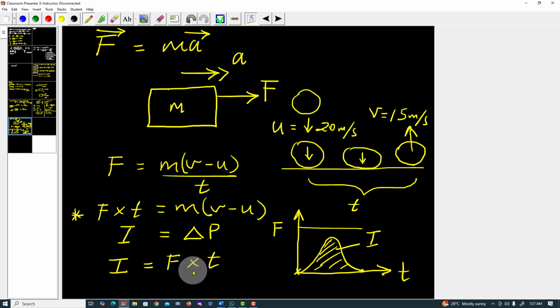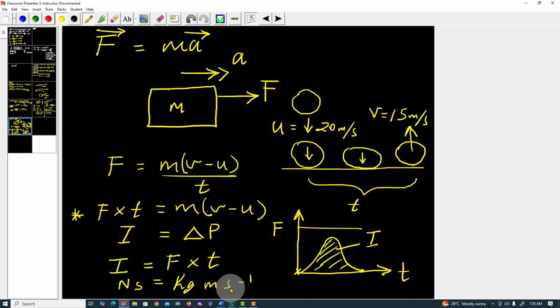When we look at this equation, you find that the left-hand side has got the unit Newton seconds, because it is newtons times seconds. The right hand side is change in momentum, and it will simply be kilograms meter per second.